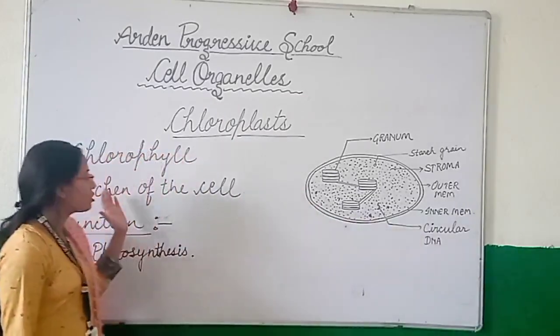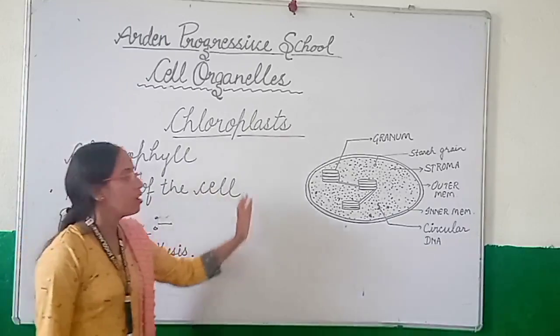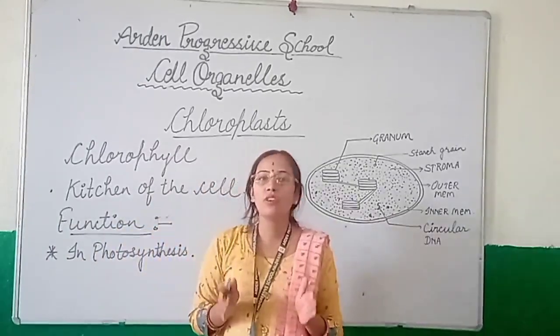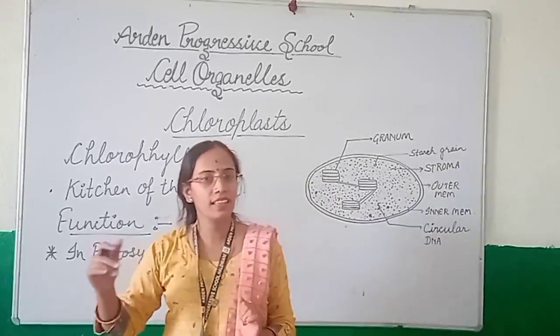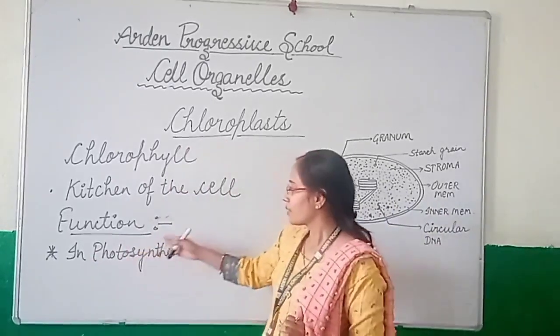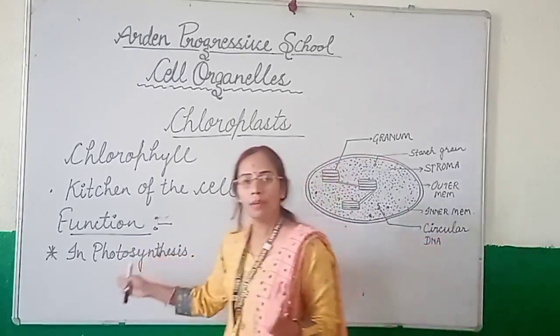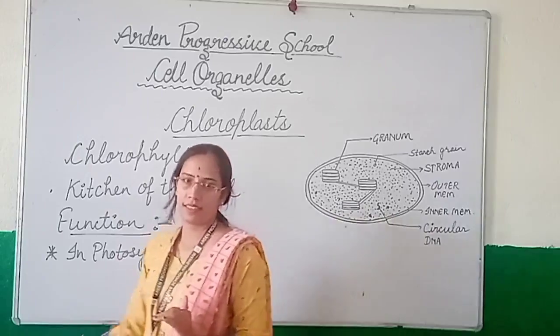That's why they are also known as the kitchen of the cell. Chloroplasts are present in the leaf and the process of photosynthesis is done by the leaf itself. That's why the chloroplast plays an important role in the process of photosynthesis.